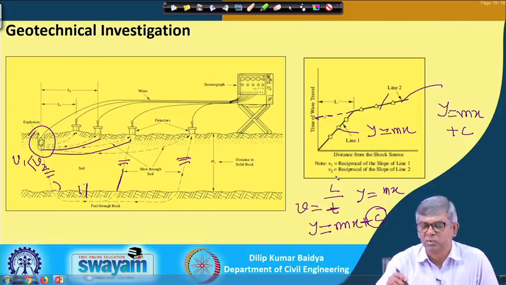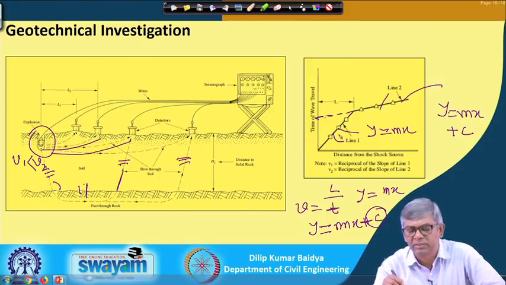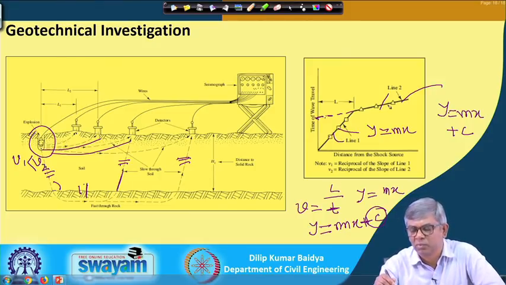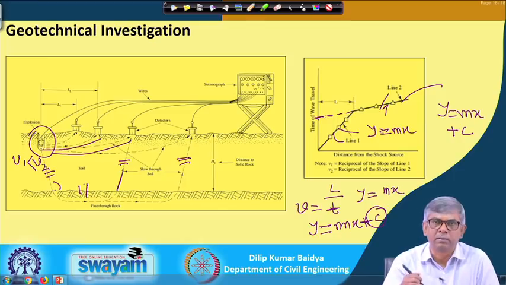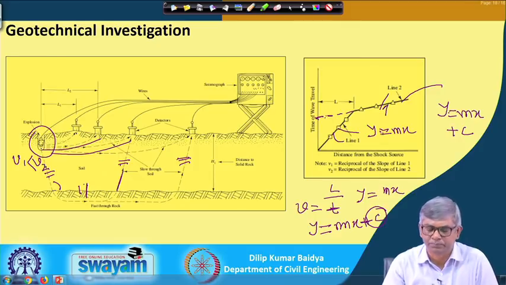So, the slope of this line represents the inverse of the velocity of the first layer. Similarly, the slope of this line gives you the inverse of the velocity of the second layer. That is the way you have to utilize the refraction method for finding the shear wave velocity.